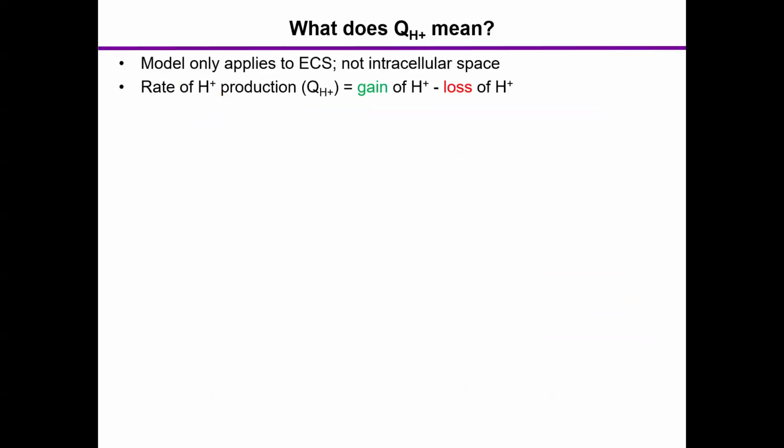Again, I have to emphasize that the model applies only to the extracellular space, not the intracellular space. And so the net rate of hydrogen ion production must be a balance between the gains and the losses of hydrogen ion.